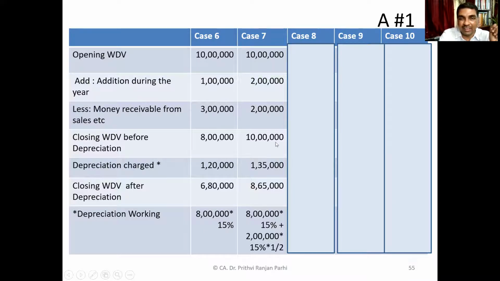And on the remaining 8 lakh, we'll charge the full depreciation, that is 15%. Then the total depreciation comes to 1,35,000. It is computed here: 8 lakh into 15% plus 2 lakh into 15% into half. So after charging 1,35,000 depreciation, the closing WDV is 8,65,000.